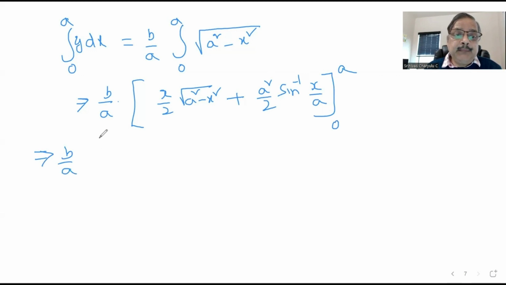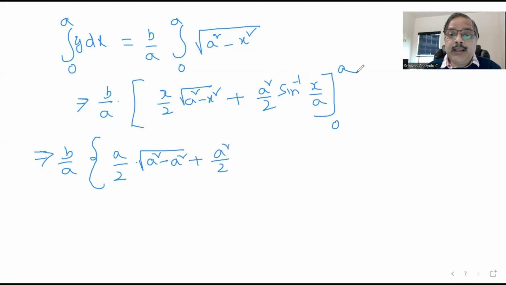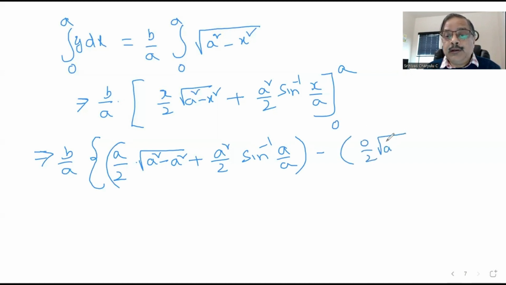B by a, first bracket you open, a by 2 root of, wherever x is there we should write a square, wherever x is there we should write a. Sine inverse a by a. This is upper limit is completed. Lower limit 0 now. 0 by 2 root of a square minus 0 square plus a square by 2 sine inverse 0 by a.